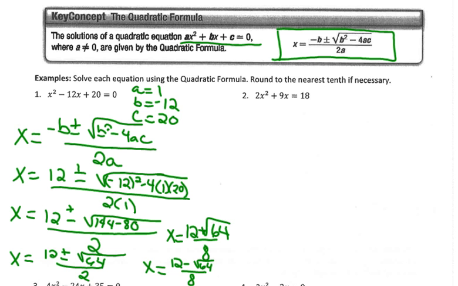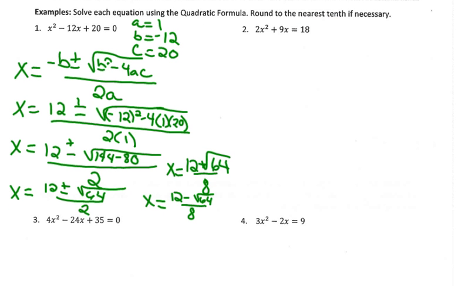Now is when you would want to use your calculator. So here we know, thankfully, that the square root of 64 is 8. Oh my gosh, I wrote over 8 instead of over 2. Hopefully you guys caught that.